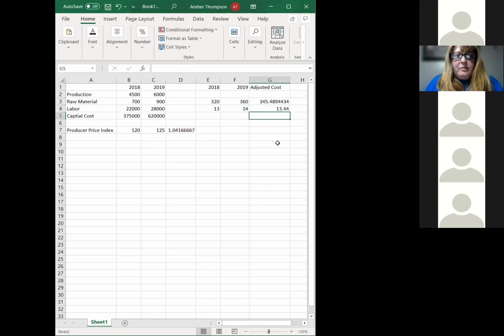That gives me, if this was the same year with the same producer price index, I'm really only going up 44 cents instead of $14.